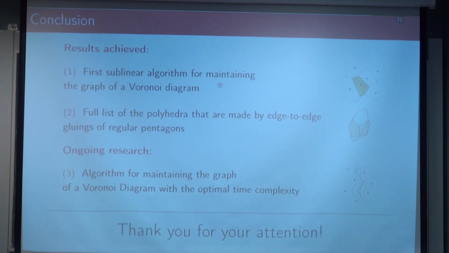So to recap, we have the first sublinear algorithm for maintaining the Voronoi diagram, its graph, not embedded, but just a combinatorial structure. We have a full list of all polyhedra that are glued from regular pentagons, what they really look like, and how to glue them. And right now, my co-authors and I are working on implementing the really optimal algorithm for maintaining the Voronoi diagram. And for now, thank you for your attention.